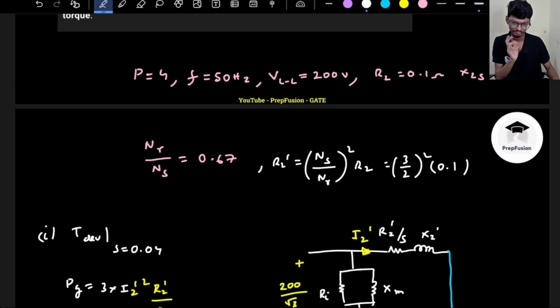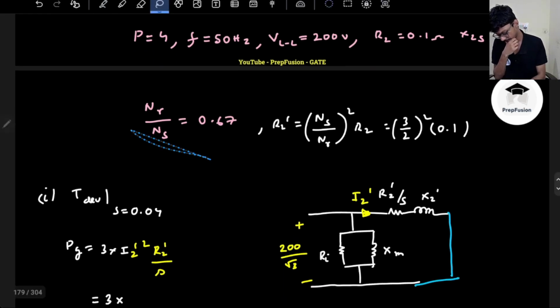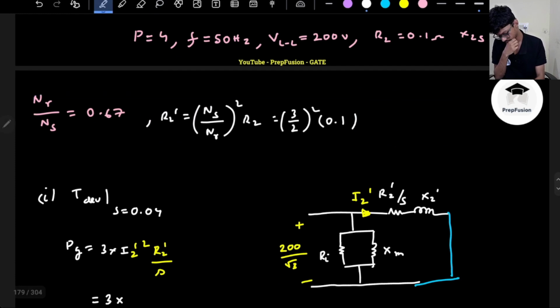It is 0.223. Okay. So this is my R2 dash, roughly 0.2 ohms.